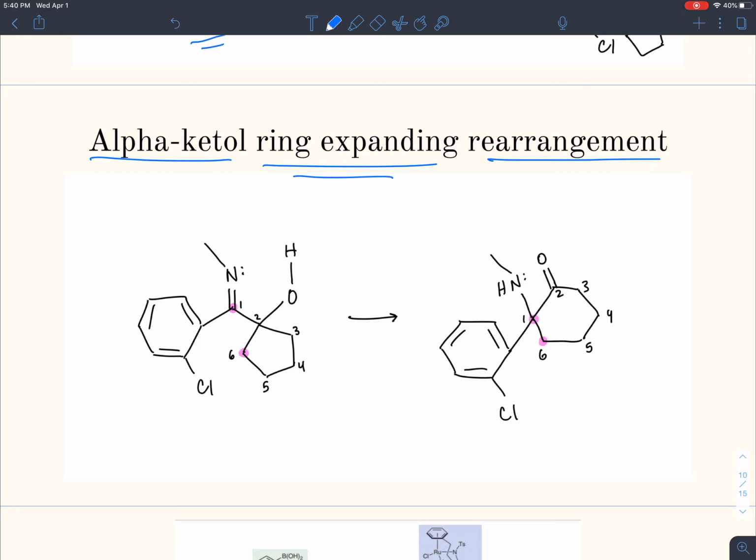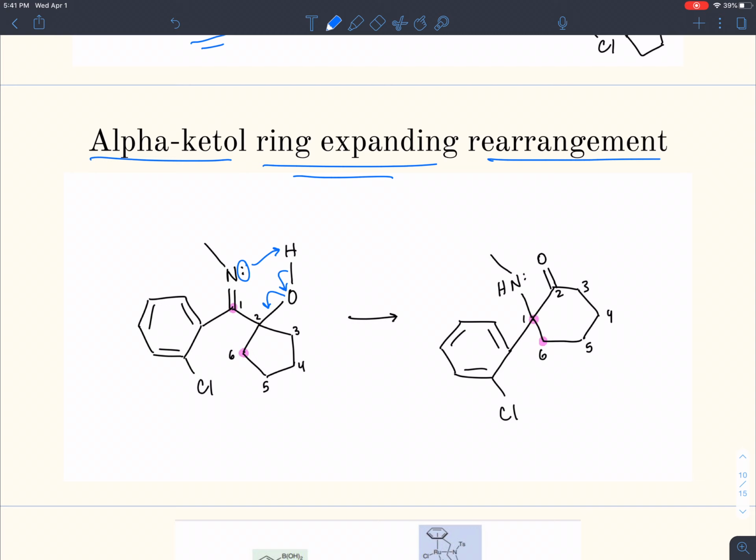Okay, so intramolecularly, I'm going to show that this lone pair on nitrogen goes and grabs a proton. It's going to grab this proton that's right next to it just because of basic proximity. That is going to kick these electrons onto oxygen, which are just going to kick right down to create a double bond there.